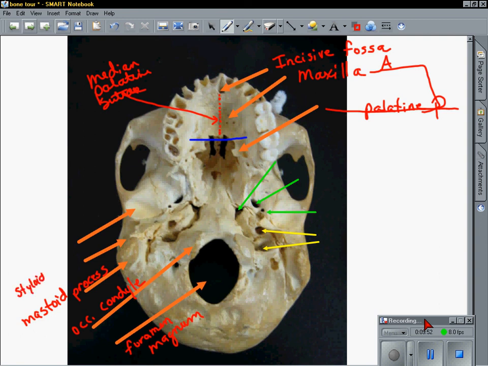We'll have many of those throughout the skeleton. So we do have to say the styloid process of the temporal bone. Then we have this depression where the mandible meets the skull. That's called the mandibular fossa. Mandibular fossa.